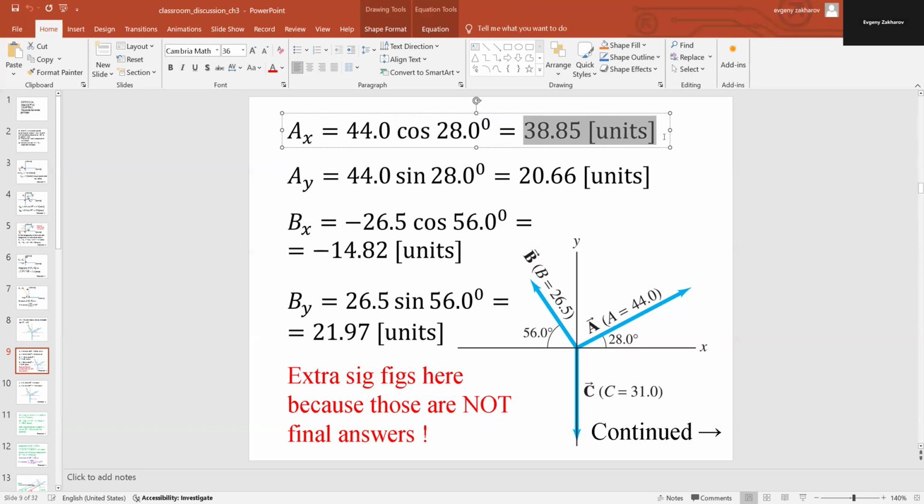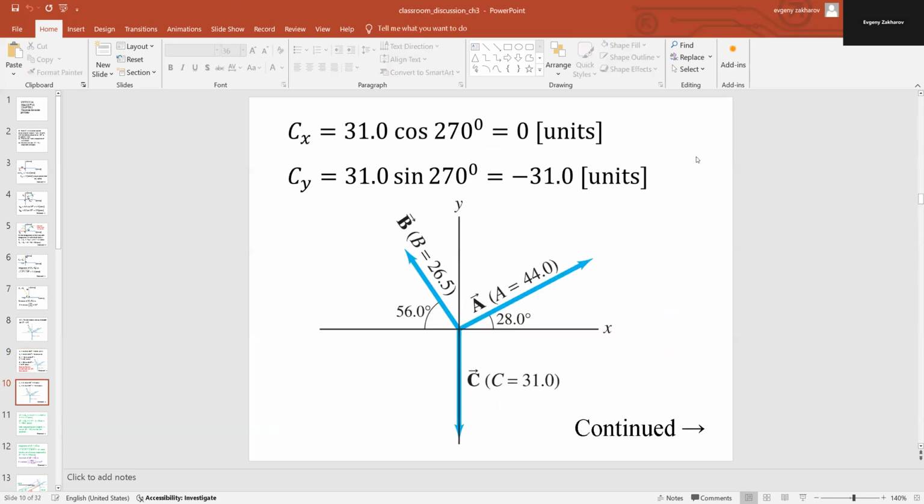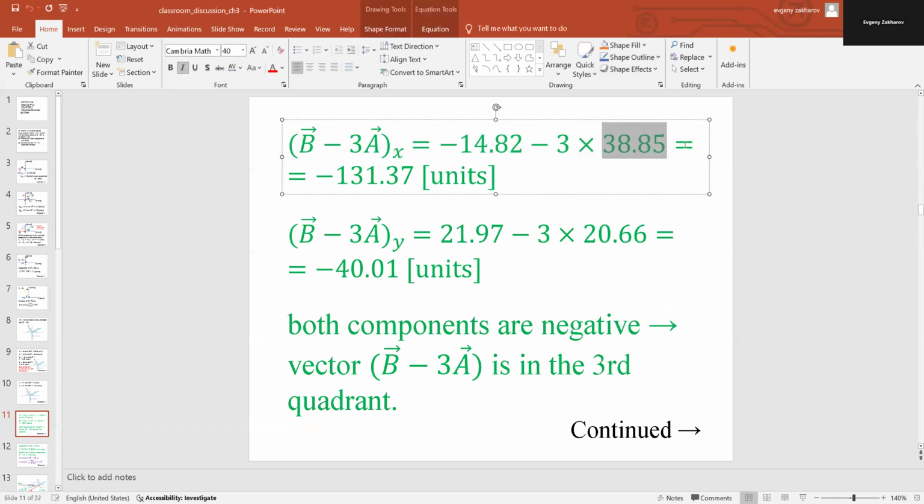A sub x is 38 and the change, you multiply by 3. And it's going to be another negative number, so it's a negative, take away something, it's going to be an even greater negative value. So it is negative 131 and the change units. This is your x component only for that total vector that we are looking for.